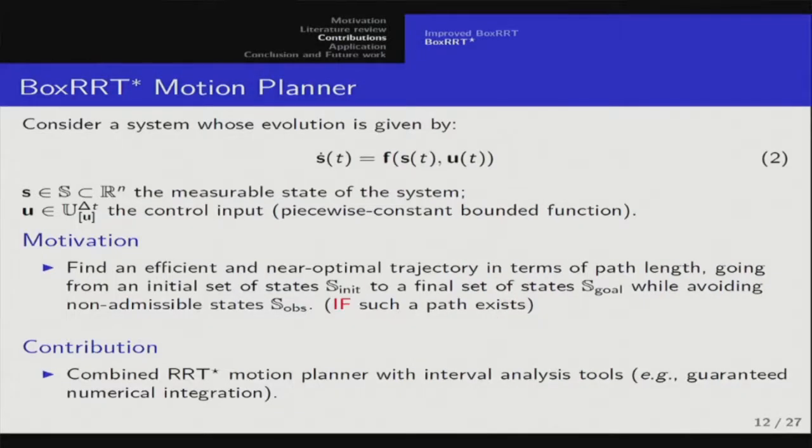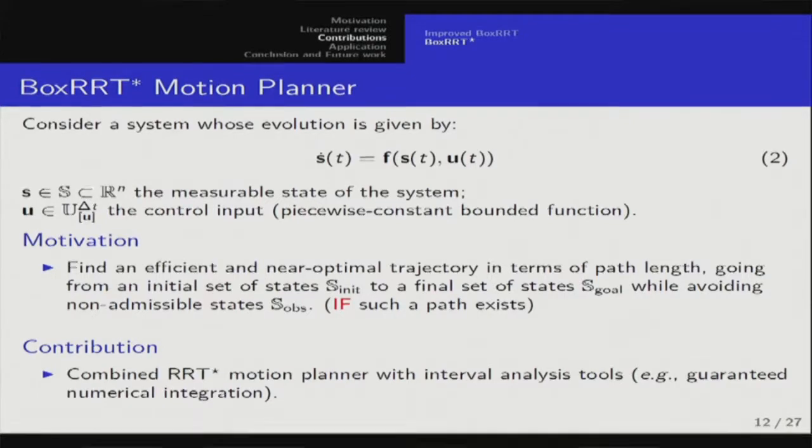BoxRRT works well, even implemented in DynIBEX, but also the one proposed by Pepe. And what we wanted to do was to take into consideration the dynamics, the evolution of the system given by a differential equation. The control input was considered as piecewise constant bounded functions.